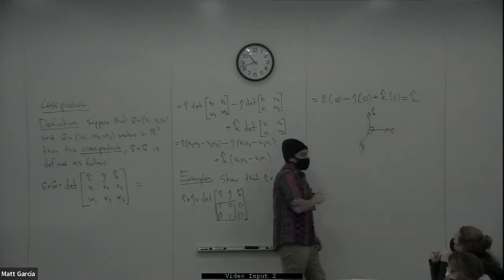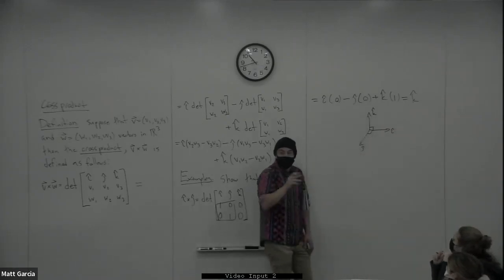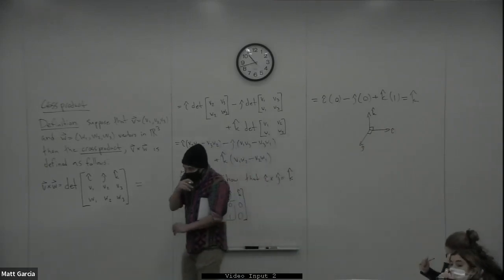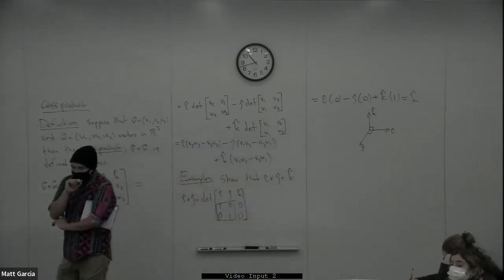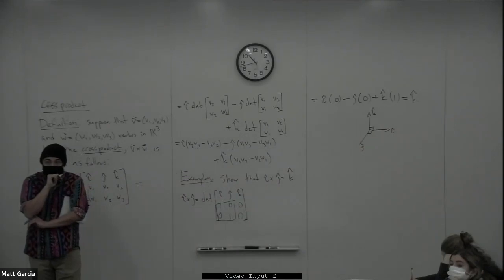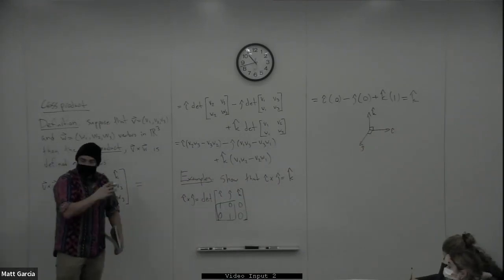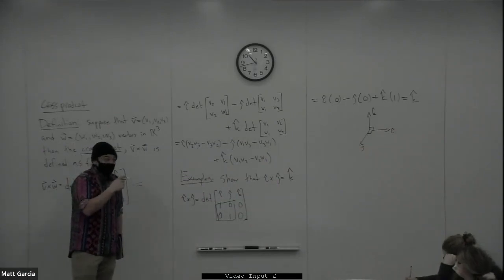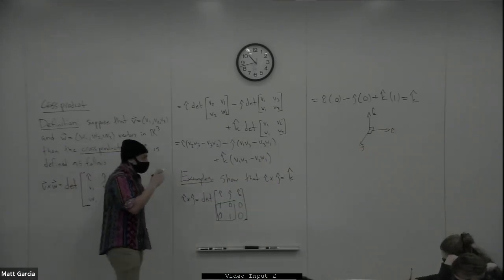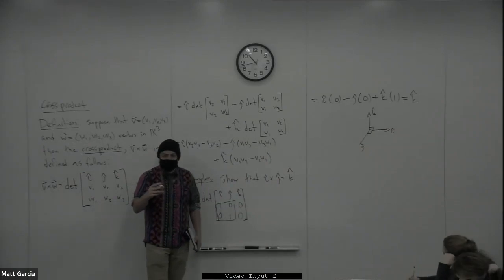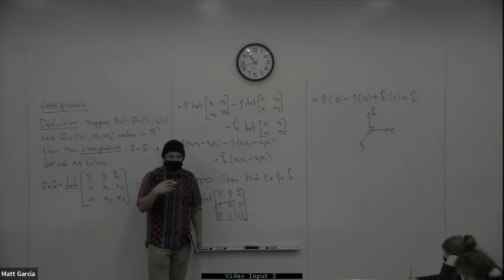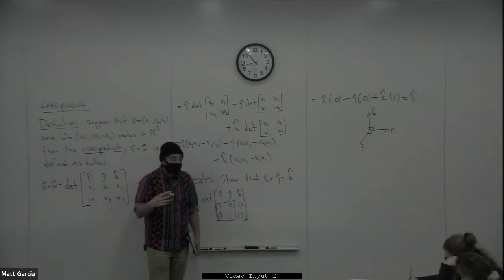They're all mutually orthogonal, right? When you take a cross product of two vectors in R3, you're always going to produce an orthogonal vector. That's right. And we'll emphasize that again and again. In fact, that's one of the main reasons we're interested in the cross product, because it has this orthogonality property.